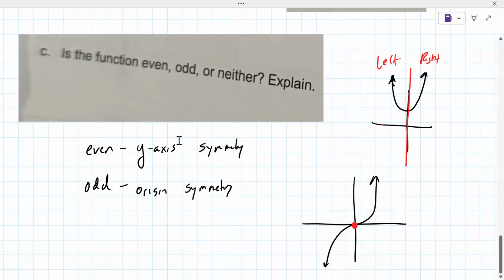So look at what you've graphed and tell me if it's even or odd or neither. Okay. It's going to be an even. It is even. Okay.